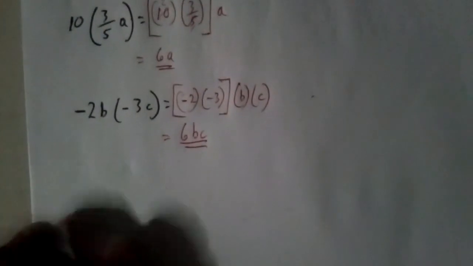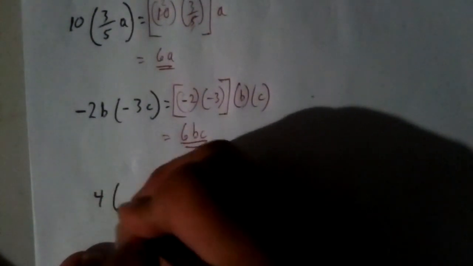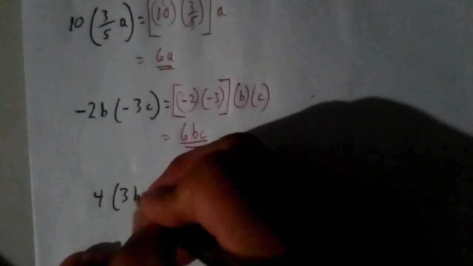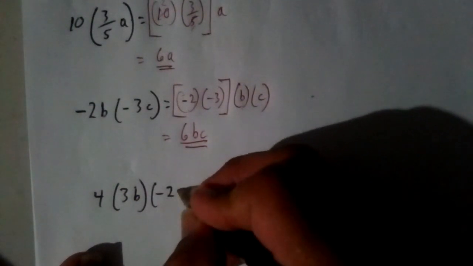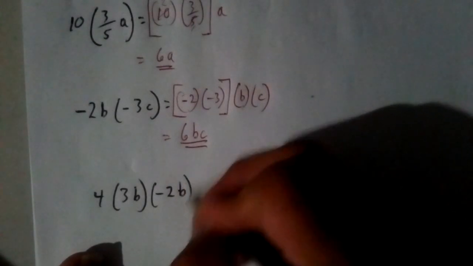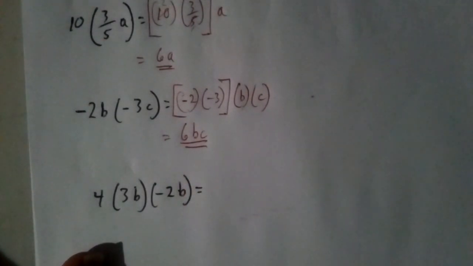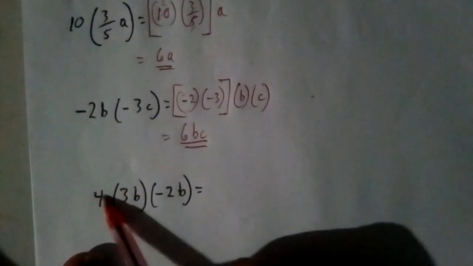Let's try another one. We have 4 open bracket 3b close bracket times negative 2b close bracket equals. We had 2 terms here, we're going to have 3 terms here. That's not a problem. Let's combine them.